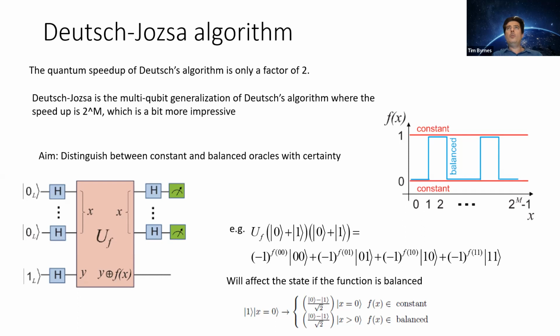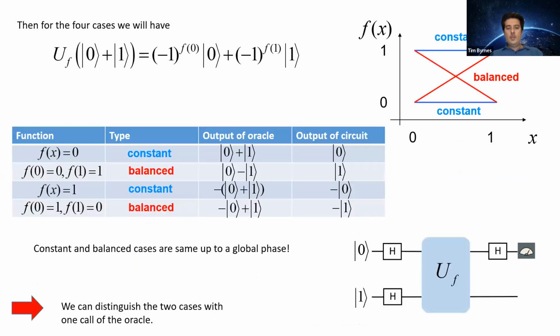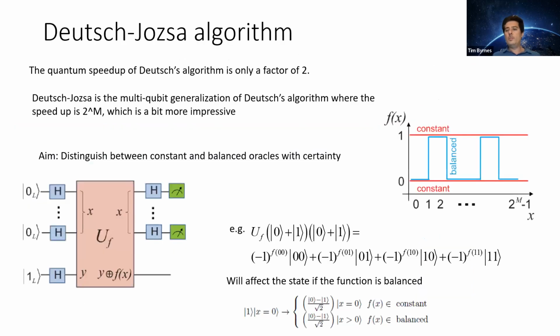Classically we have to evaluate it twice to figure out whether it's constant or balanced, but in the quantum circuit you only have to evaluate it once. So it's twice as fast.